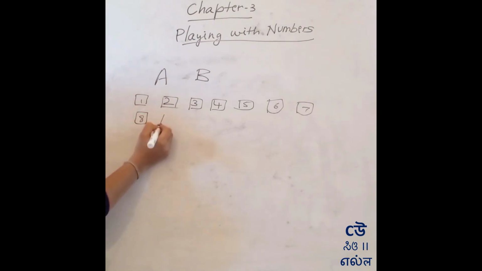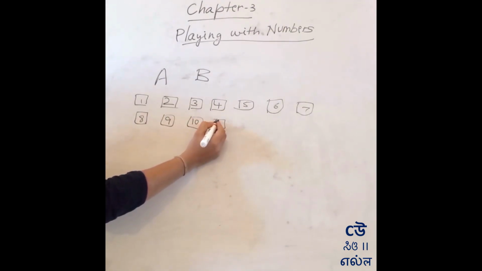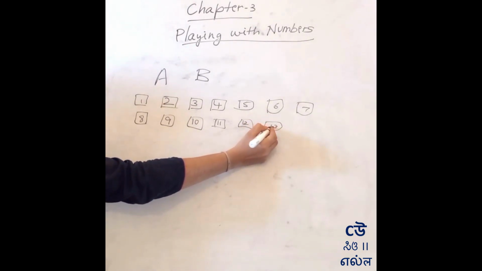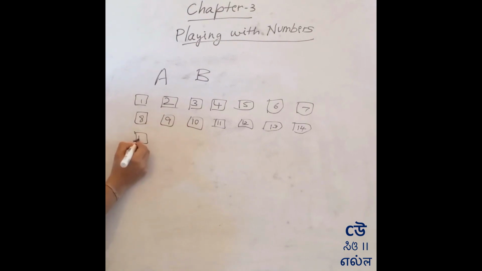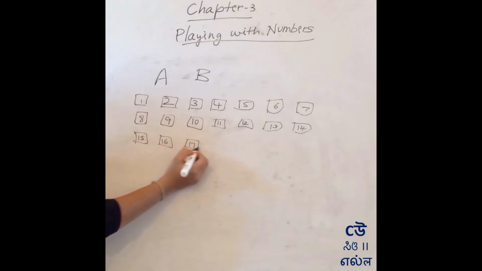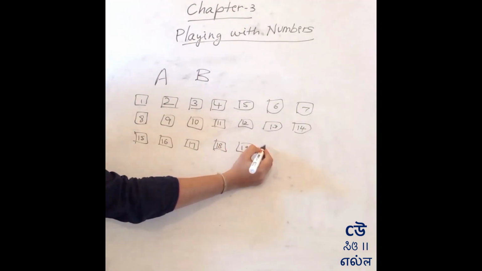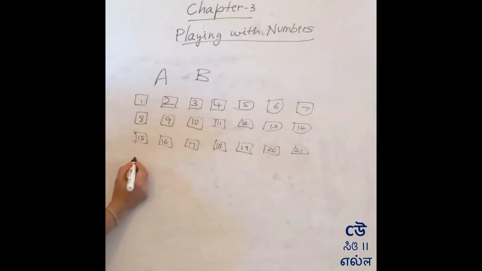So 8, 9, 10, 11, 12, 13, 14, 15, 16, 17, 18, 19, 20, 21.